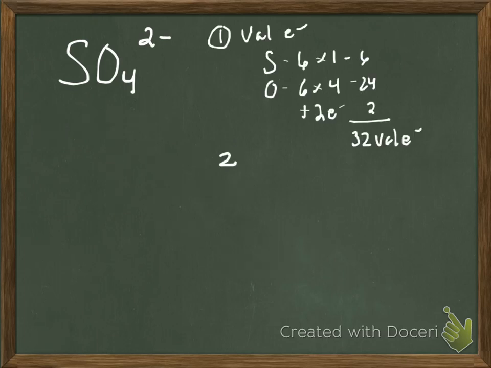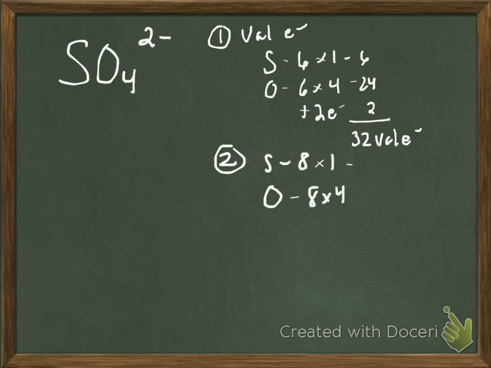Okay, step 2. Nothing different in step 2. Figure out how many electrons everything here wants. So, sulfur wants 8. We only have 1 sulfur. Oxygen wants 8.